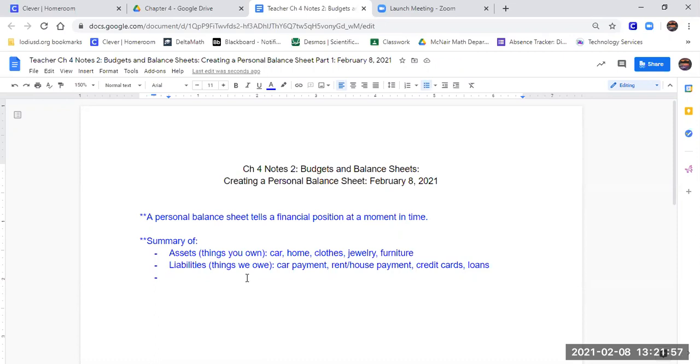And the last thing our balance sheet will get us is our net worth. How do we find net worth? We talked about it in previous chapters.